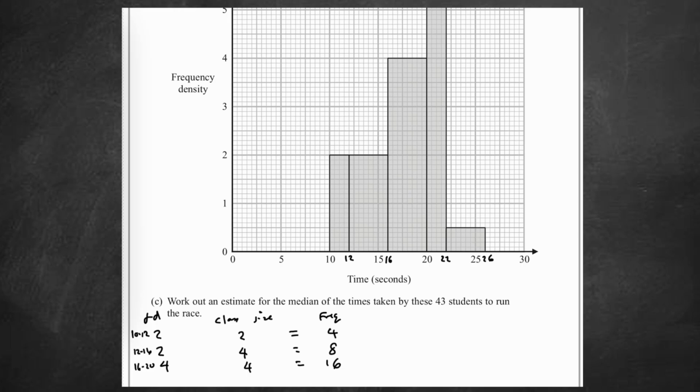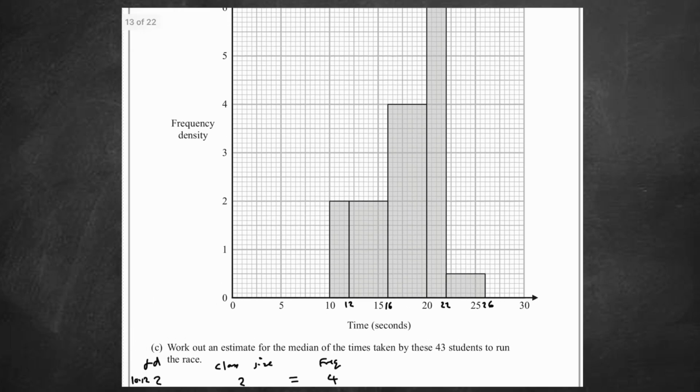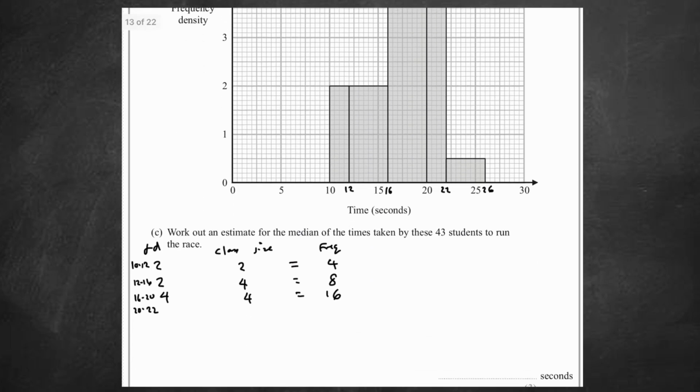And then 20 to 22, can't actually see how high this goes here, up to 6.5. Class size is going to be 2, so the frequency is 13. And this last one, the frequency density for 22 to 26 is just 0.5. And the class size is 4, so that's going to be 2.